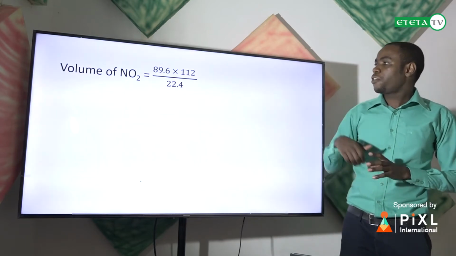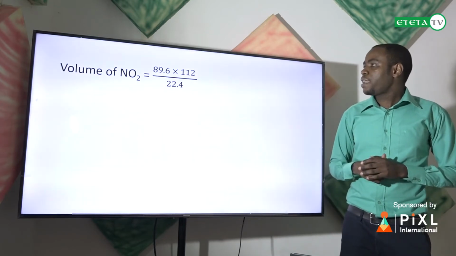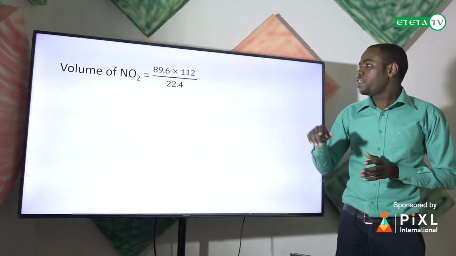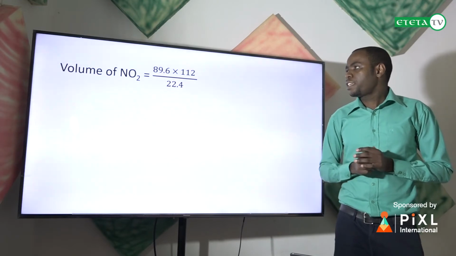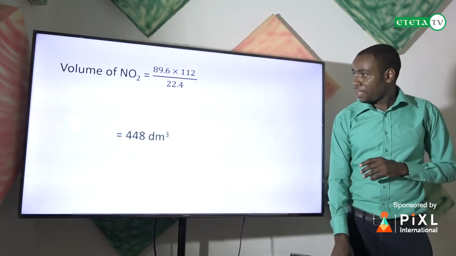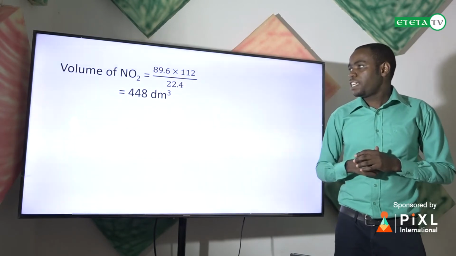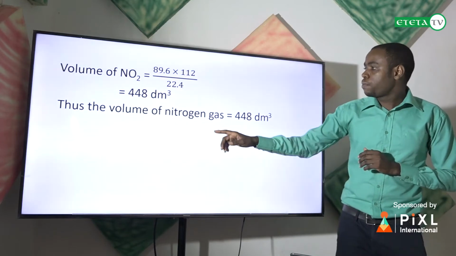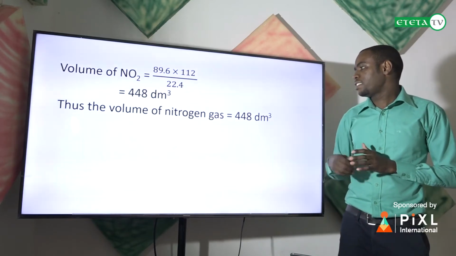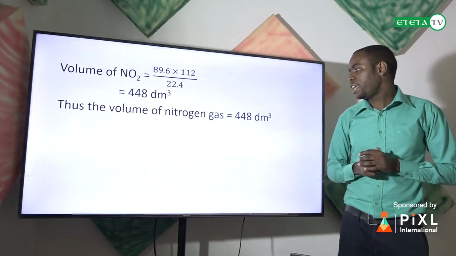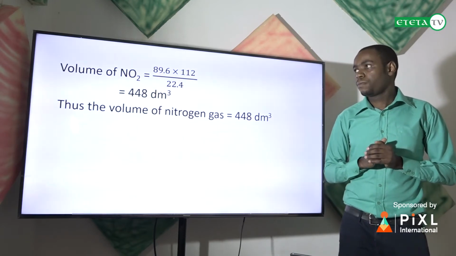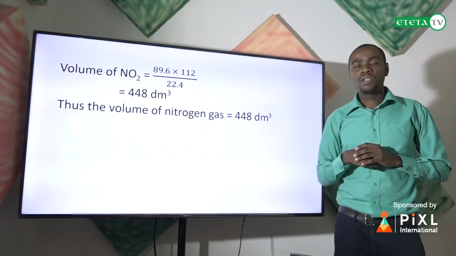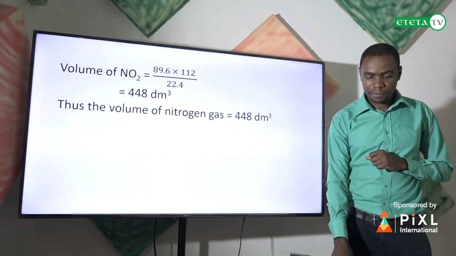The volume of nitrogen dioxide is equal to 89.6 multiplied by 112, then you divide by 22.4, and the answer will be equal to 448 decimeter cube. For that case, the volume of nitrogen dioxide is equal to 448 decimeter cube. So this is how to calculate the volume of nitrogen dioxide gas.